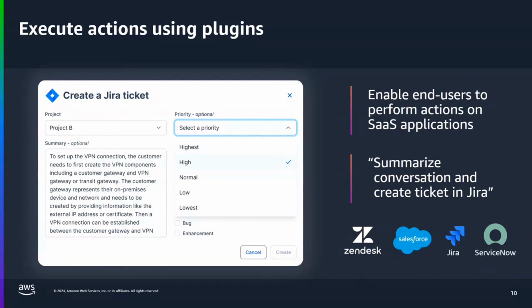All of this is supported in Amazon Q, where it will bring you the GUI of the Jira ticket. It will self-populate the information that has already been put in the NLP way. So this is something which is going to build more and more. Today we support Zendesk, Salesforce, Jira, and ServiceNow to create the tickets, but in the future, we can see a lot of workflows and business processes being integrated.